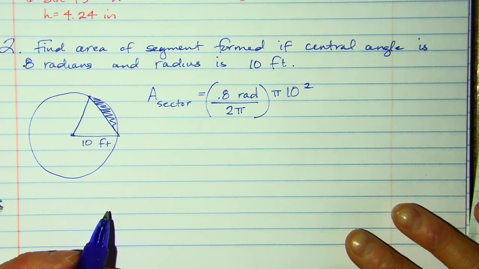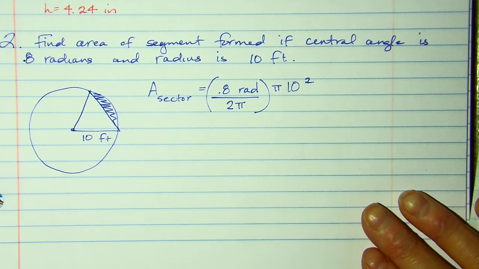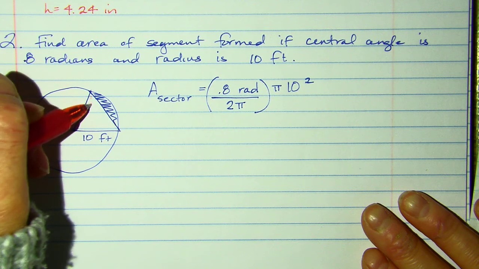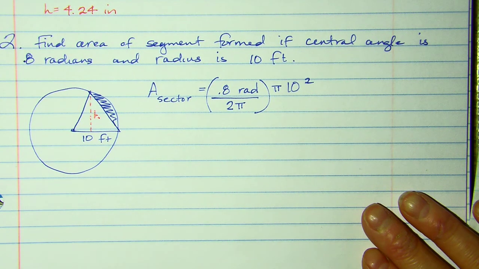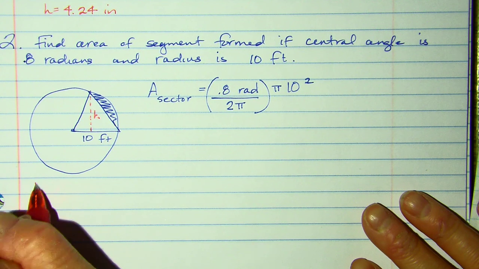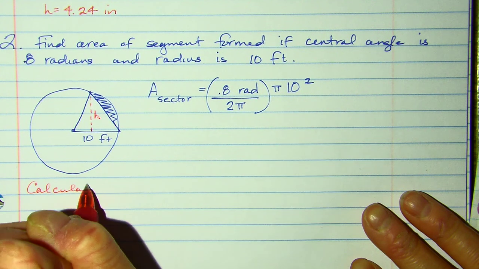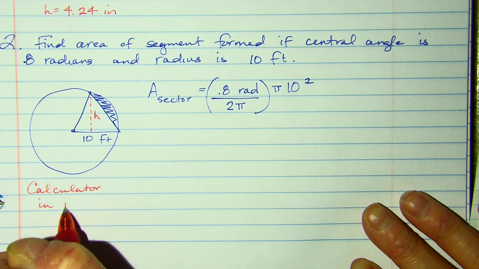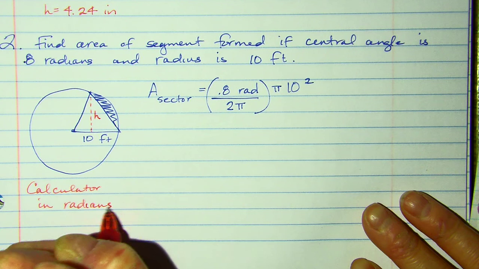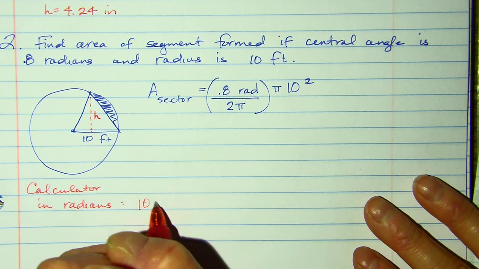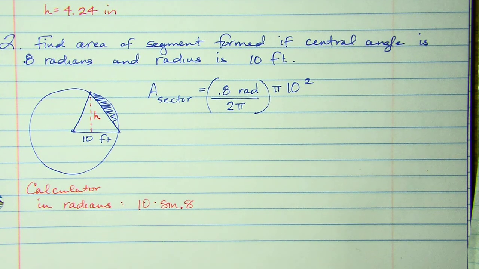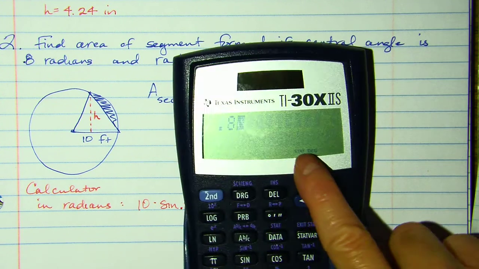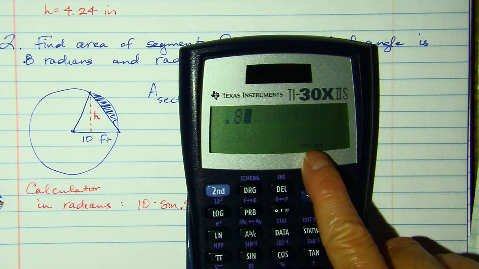Now, in order to find the height, I'm going to put my calculator in radians to do the next part. It would be 10 times the sine of 0.8 radians. So in your calculator, mine is currently on degrees.